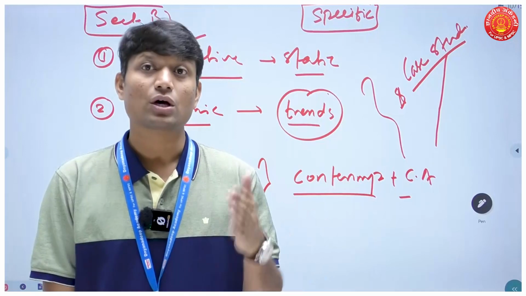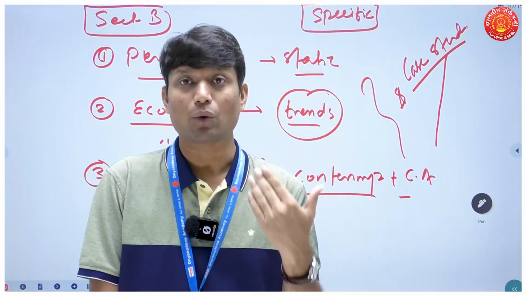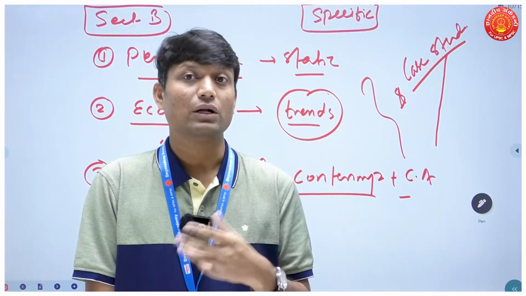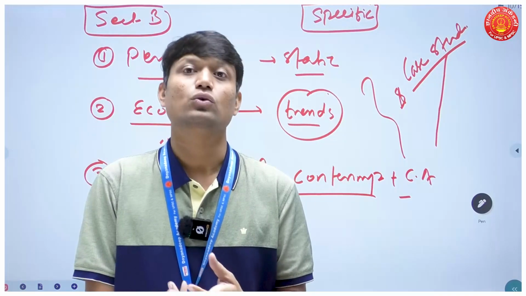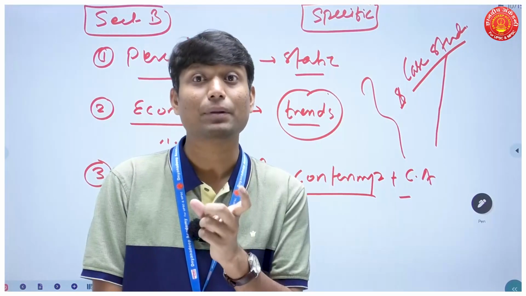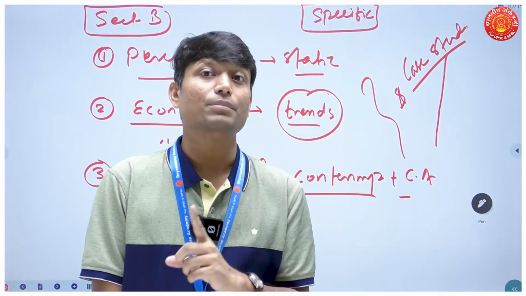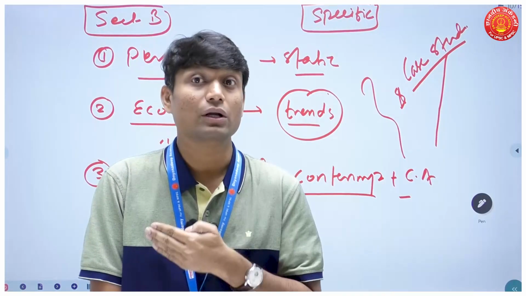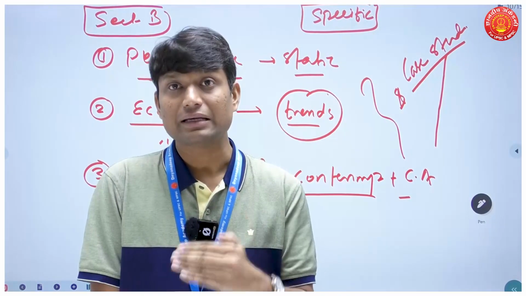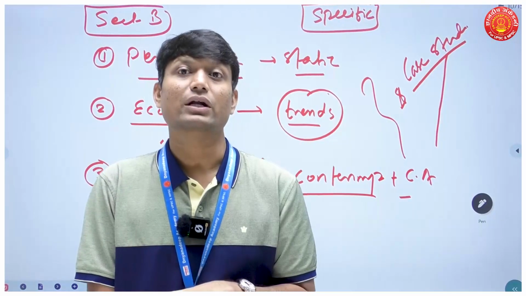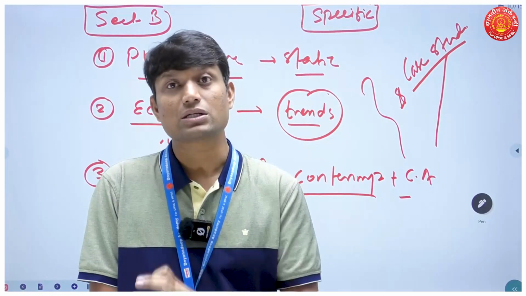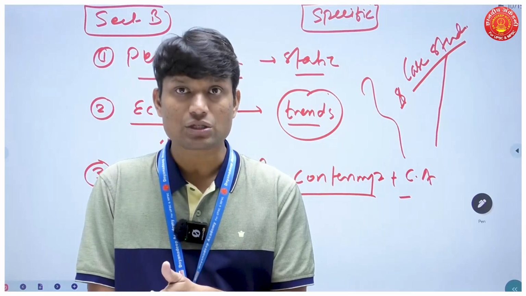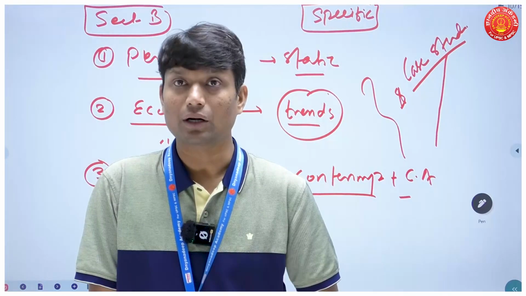With this approach you can very well attempt paper 1 and score around 140 or 150. Remember that paper 2 is more scoreable than paper 1, because in paper 1 you need to go in depth for content increase, but that is not the case with paper 2. Paper 2 needs just a slight change in approach, and that will help you scale paper 2 as well.